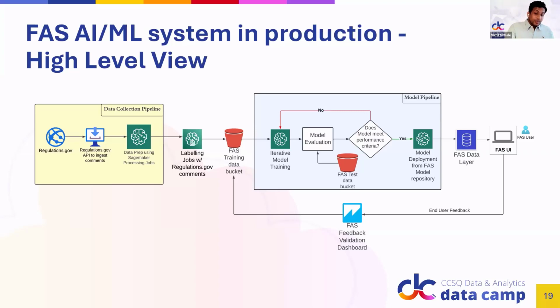That's where the validation dashboard comes into the picture, at the bottom of your screen. It helps identify these cases where there is a discrepancy in judgment of what a certain prediction should be. You can catch those, which is really good because you can go back to the end users and talk about what the right prediction should be, and that helps improve the system and the understanding of the model. Next slide, please.